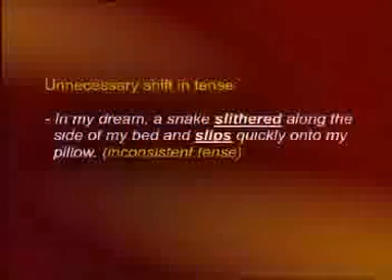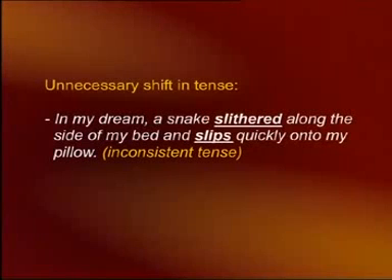Now, when you write, you must avoid unnecessary shifts in tense. For example, if you're writing something with the action in the past tense, don't suddenly shift to the present for no reason. Look at the example that you have on your screen.